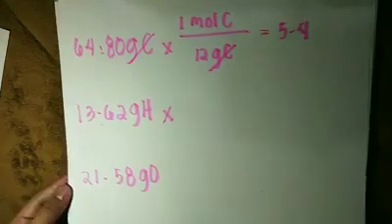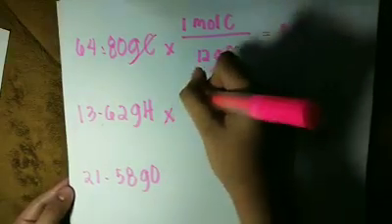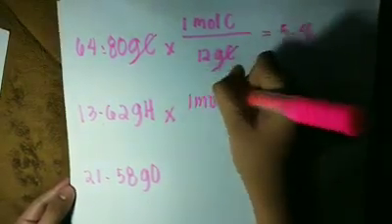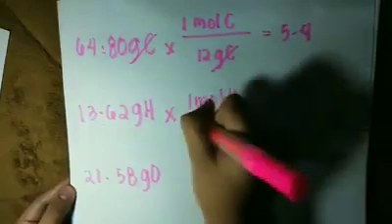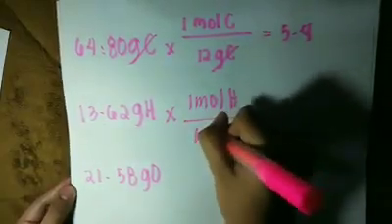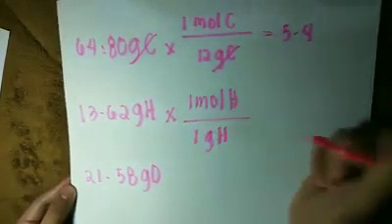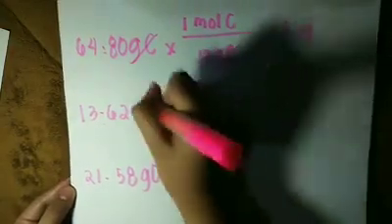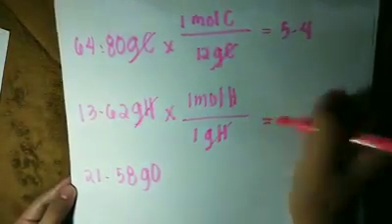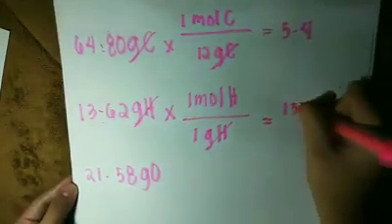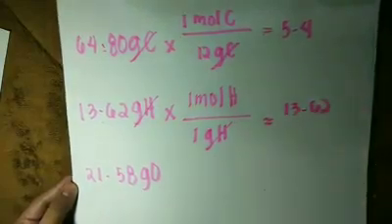13.62 grams of hydrogen multiplied by 1 mole hydrogen over 1 gram of hydrogen. Cancel out again, is equals to 13.62.